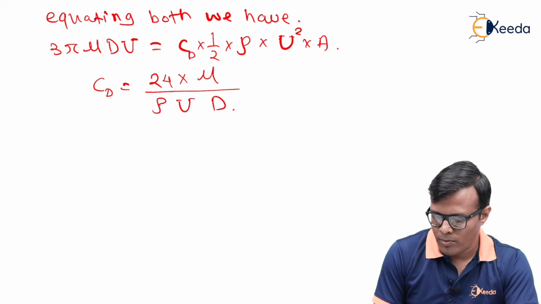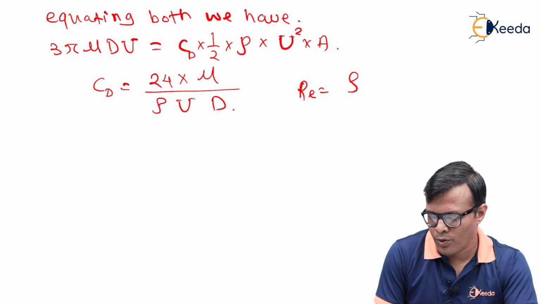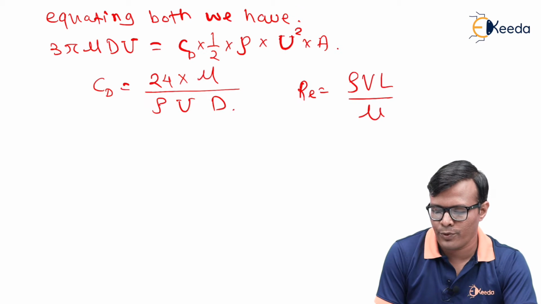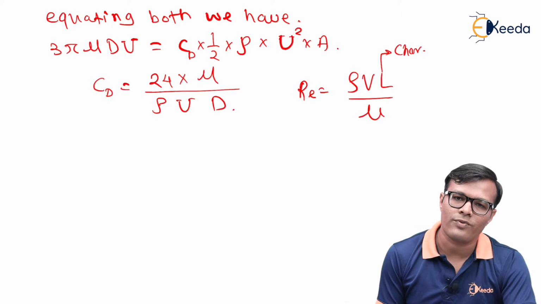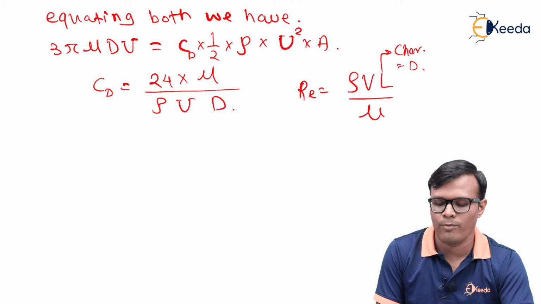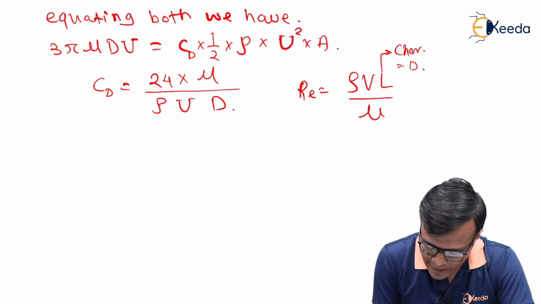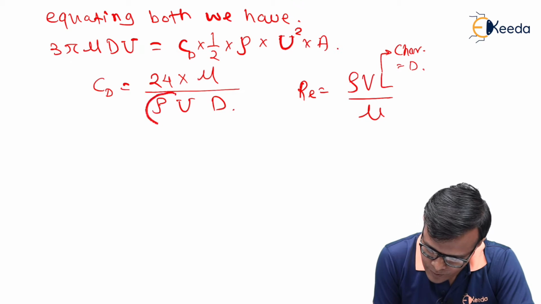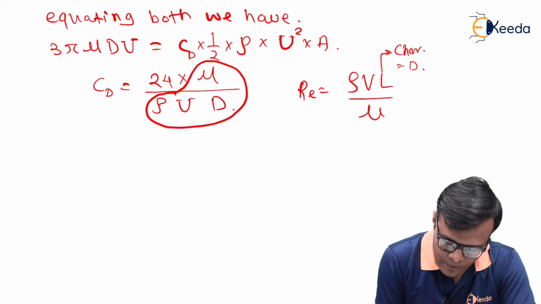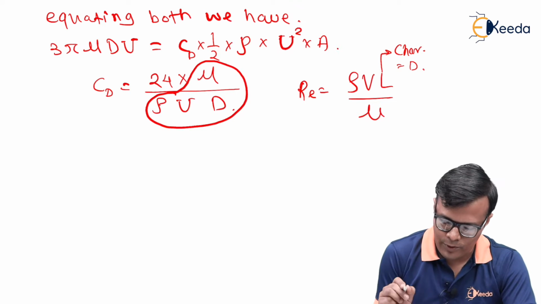In case of Reynolds number, we know the formula. Reynolds number is equal to rho V L upon mu. This length is the characteristic length, and in case of a spherical object, this is equal to D. So rho V D upon mu is the formula for Reynolds number in case of spheres. So I can see this term as Reynolds number, rho V L upon mu.